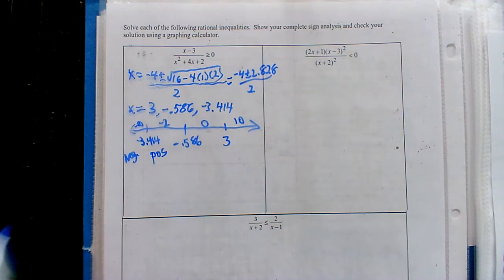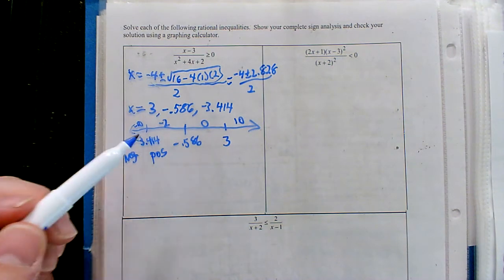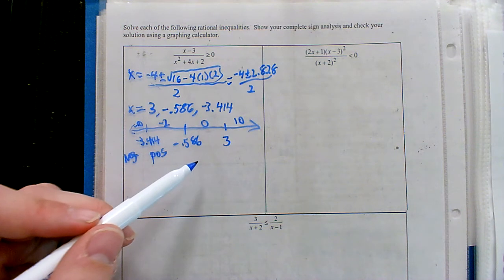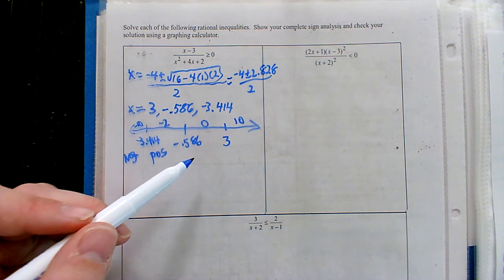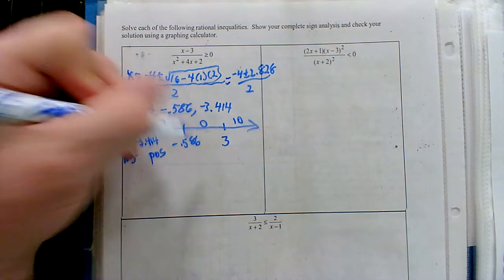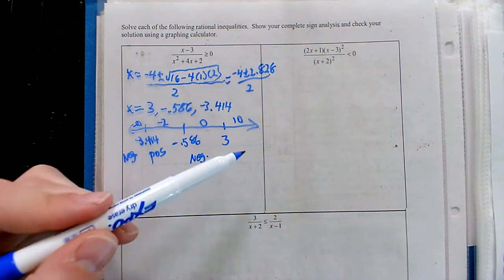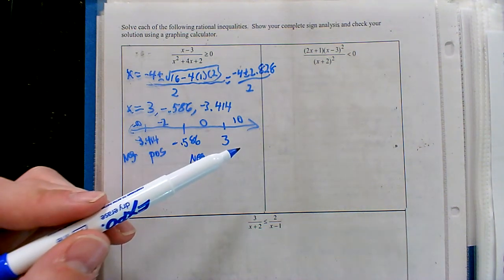Thank you. The next interval in between the negative 0.586 and 3. Anybody get that one? You got what, sorry? Yep, negative. Very good. And last but not least, the last interval is what? Positive or negative?